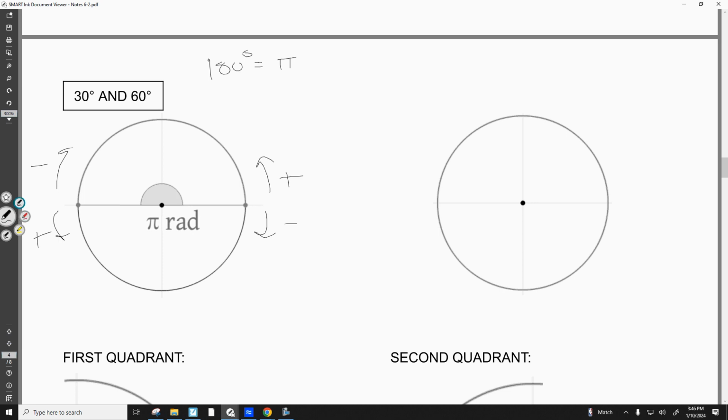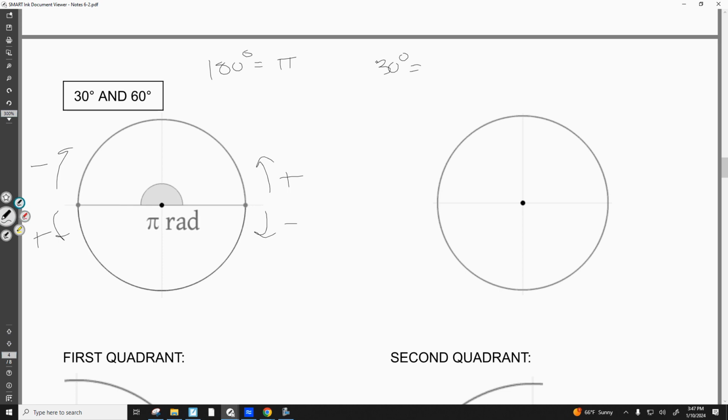What's 30 degrees equivalent to? 180 divided by what is 30? Tell your neighbors. 18 divided by what is 3? 18 divided by 6 is 3. 180 divided by 6 is 30.